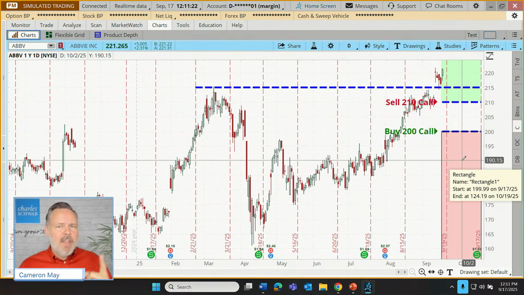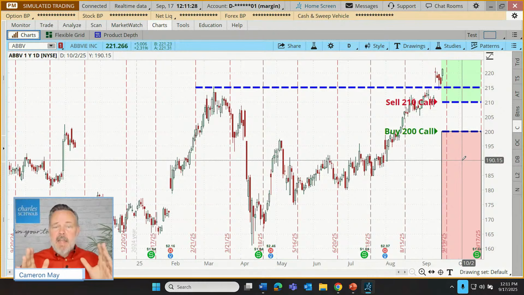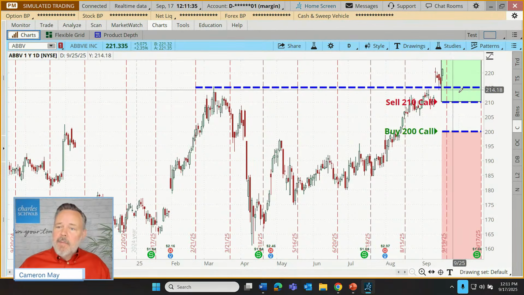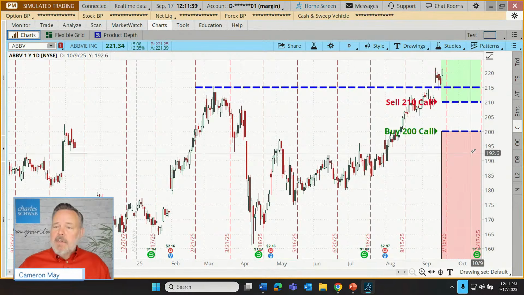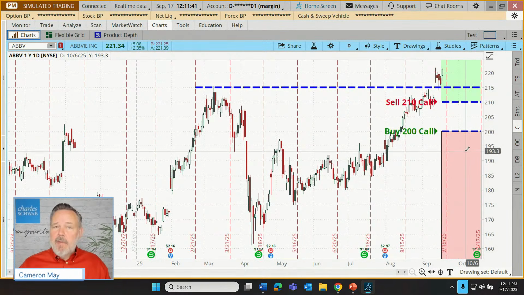And if you're doing the math correctly, you're probably saying, wait a second, Cameron, 80% plus 10% is 90%. We're missing 10% here. Yep. There's 80% probability of maximum gain at expiration. There's a 10% probability of maximum loss.